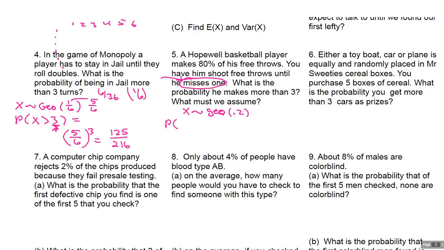I want to find out the probability that he makes more than 3, so the probability that X is greater than 3. Is that right? All right, so what can I do with that one? You can use a formula, which is q to the power of r. Exactly.